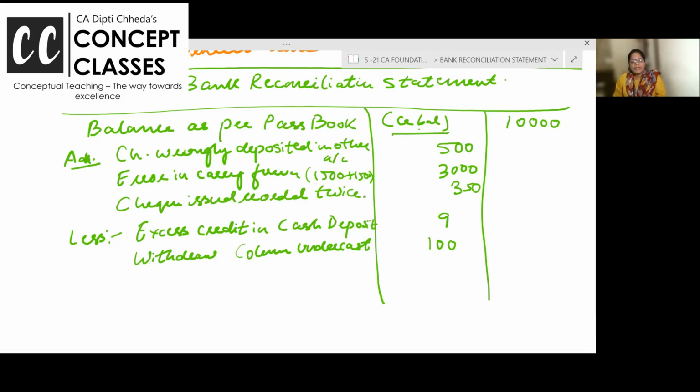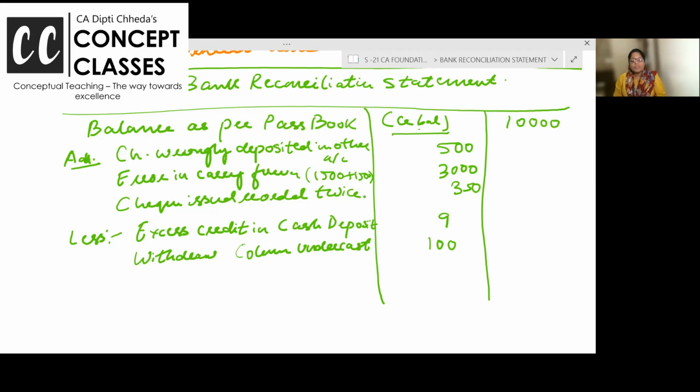Passbook showed a credit for check of 1000 deposited by Shri Kishan, another customer. Okay.